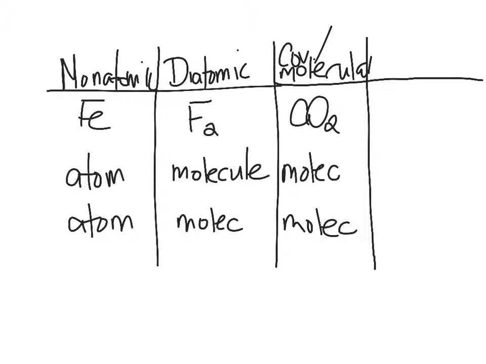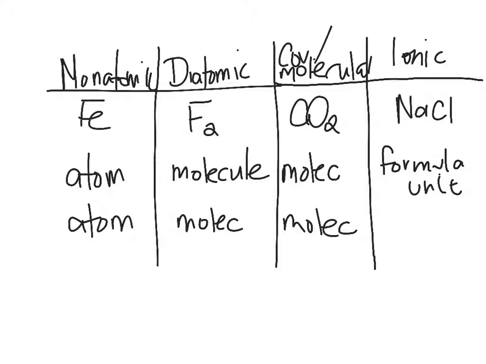And then ionic compound. Shruti, you want to try this one again? NaCl, sodium chloride. Now the smallest whole particle for an ionic compound is called a formula unit, or an FU for short.